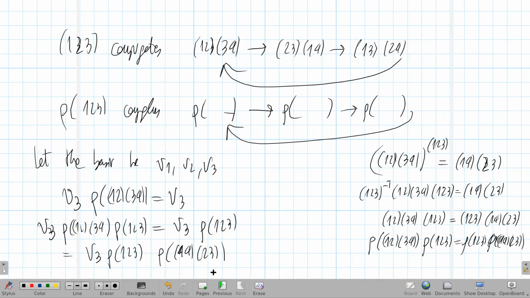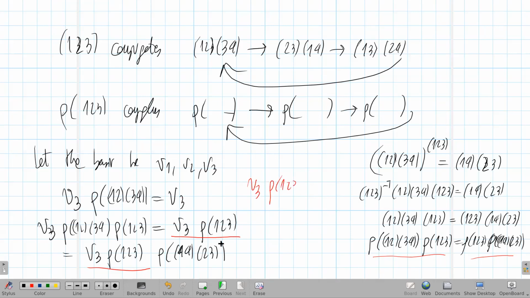So I have applied to V3 first this, and then this. And we know that these elements fix V3. So we have that V3 rho (1 2 3) is an eigenvector for rho (1 2 3 4) with respect to eigenvalue 1. It is fixed, okay?